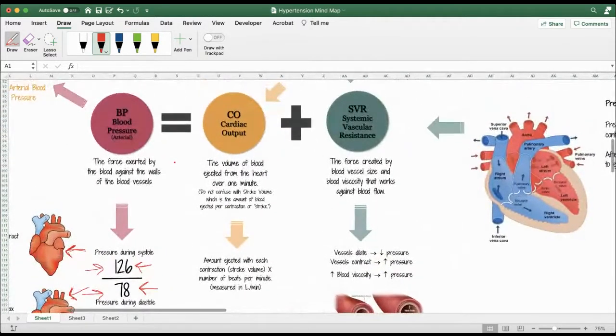So what kinds of things affect blood pressure? Really these two concepts, cardiac output and systemic vascular resistance, are also made up of other things.